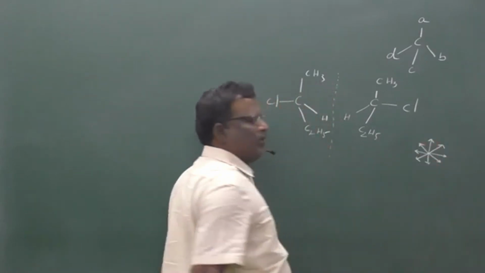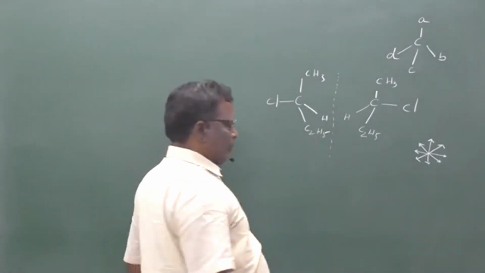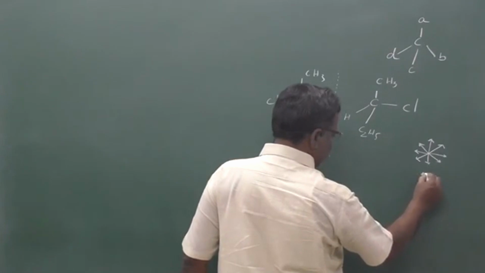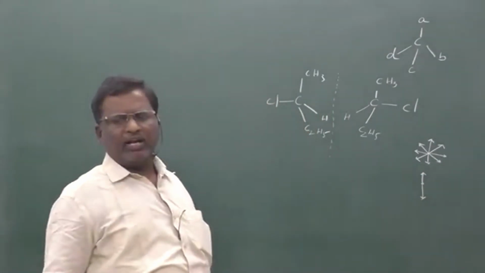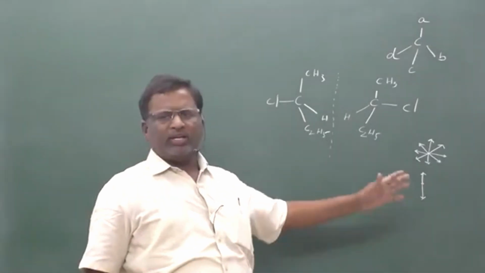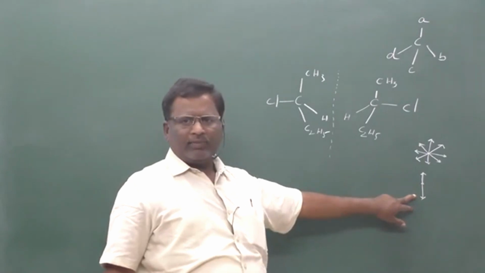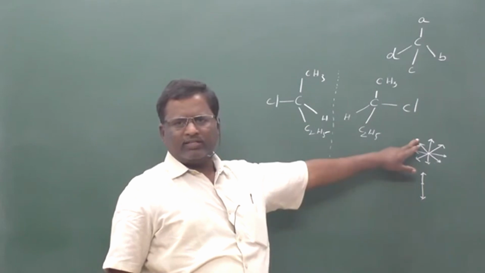This light is said to be normal light. Plane of polarized light means if this is the light path, it vibrates only in this direction and this direction. This is said to be plane of polarized light. We can get it from a monochromatic lamp.